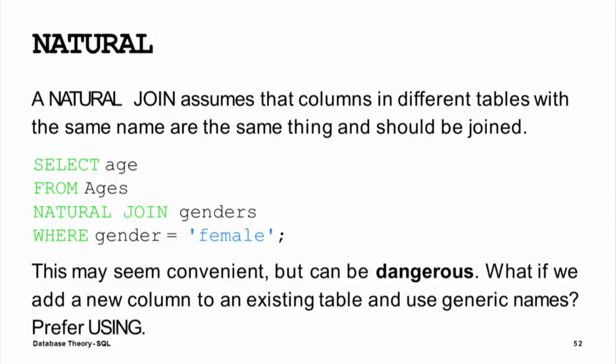Just make sure that you don't add that column so it has a name that is equal to a column in an existing table, in another table, because if that is so, then you are actually affecting that natural join you're having here. That's why you need to check your system and have a good documentation for it, or at least sit down and have a few moments by yourself.